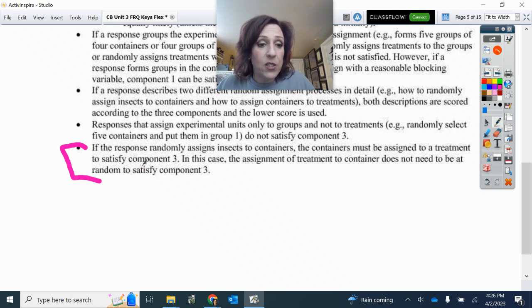If the response randomly assigns insects to the containers, the containers must be assigned a treatment, one of those chemical mixtures, to satisfy component 3. In this case, the assignment of treatment to the container doesn't even have to be random, because your insects were randomly assigned to the containers.